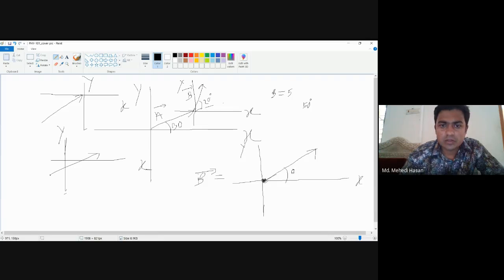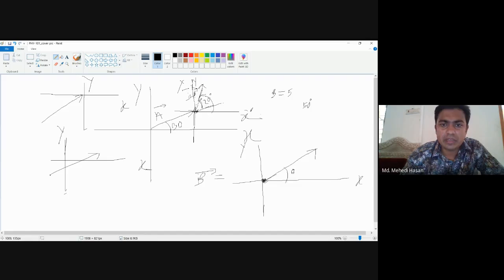Here the angle produced by vector B with vector A is 20 degrees, but vector A produces 30 degrees with the x-axis. Now if we shift the coordinate axes, just as the vector was given like that, this is vector B, which produces a 20 degree angle with vector A. Then if we draw the coordinate like that, with this as the origin and x and y, the angle produced by vector B with the positive x-axis will be like that.